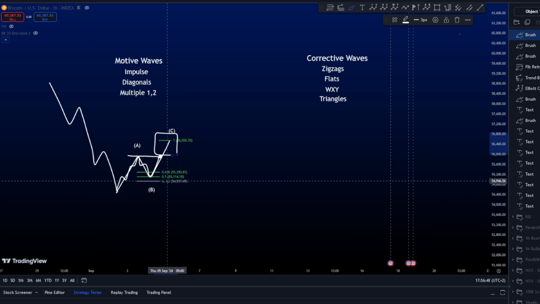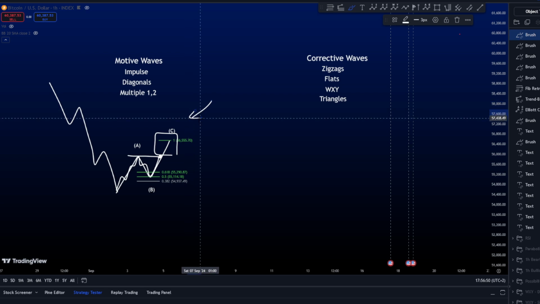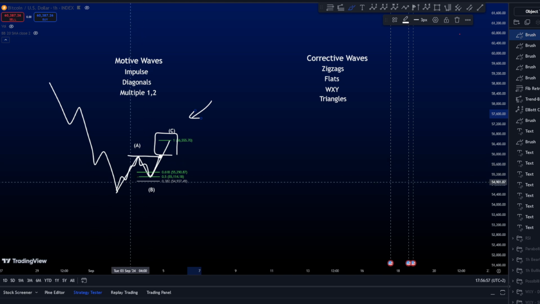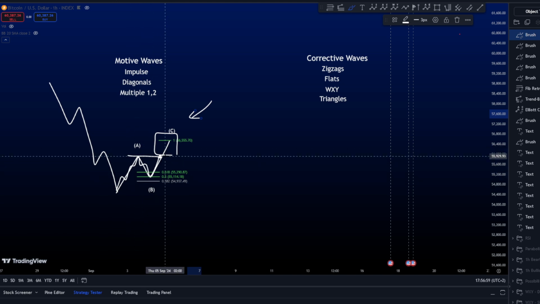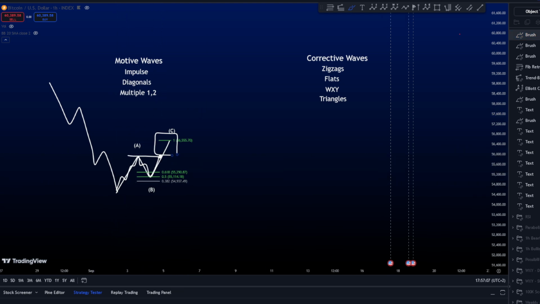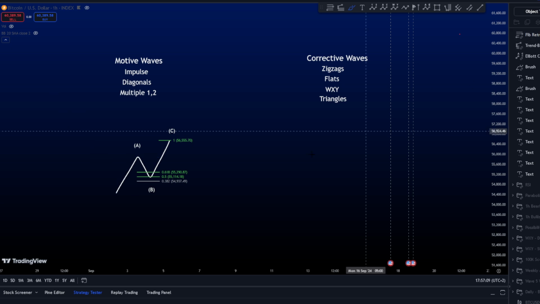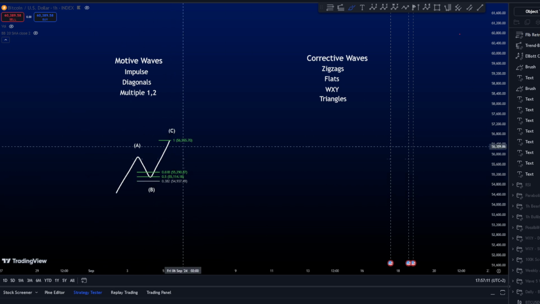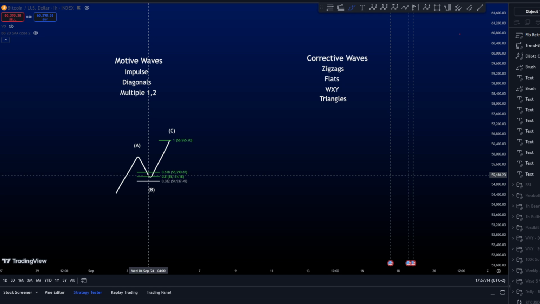And by the way, this is the most profitable pattern that you can have in Elliott Wave, a zigzag, because it has two impulses declaring that this might be profitable after 5, 3, 5. This is the least risky way to handle that trade.